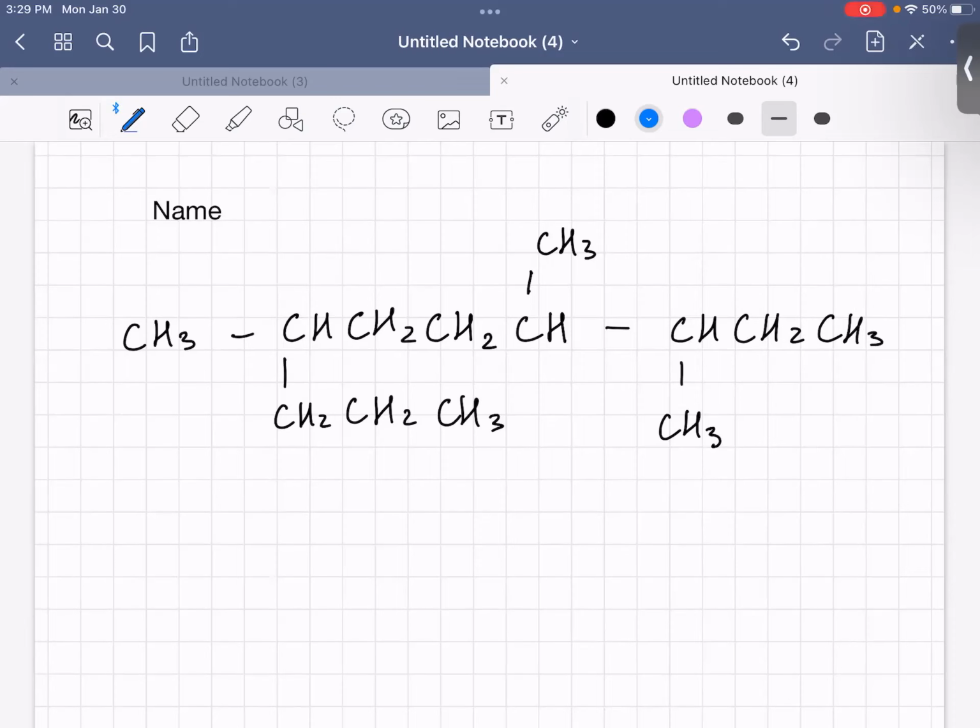Okay, so the next one. Which side do we want to start numbering carbons? This side, right? We want to start right here.